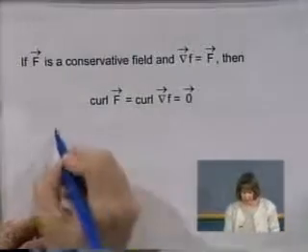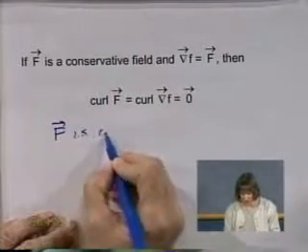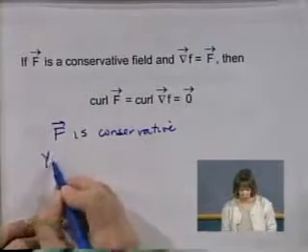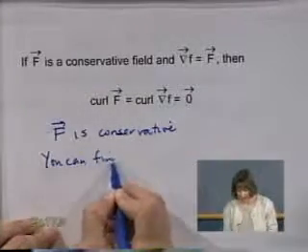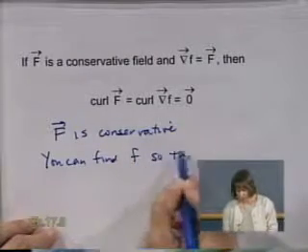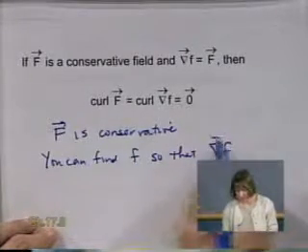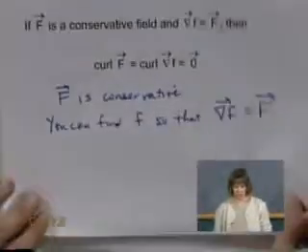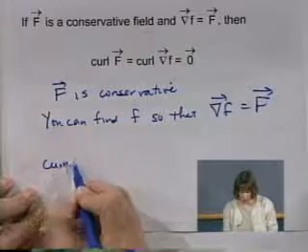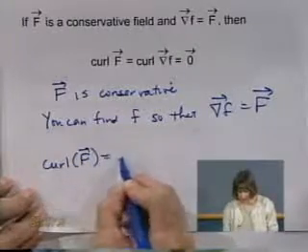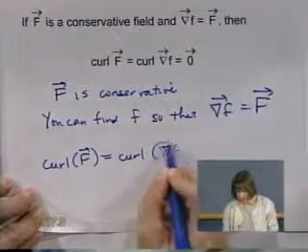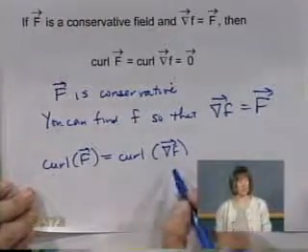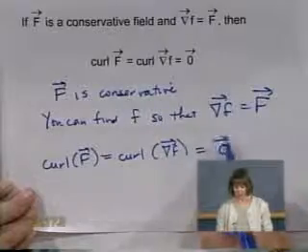If I tell you F is conservative, then that means you can find little f so that the gradient of little f is big F, right? So the curl of big F is the curl of the gradient of little f, because we can substitute this for this, and we just proved the curl of the gradient of any scalar function is always 0.